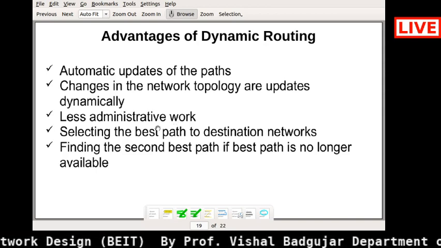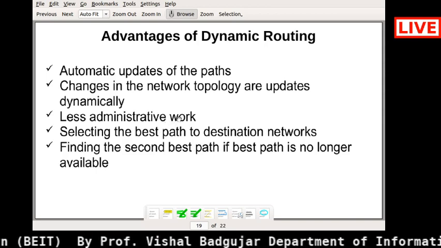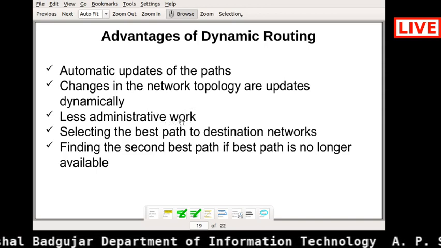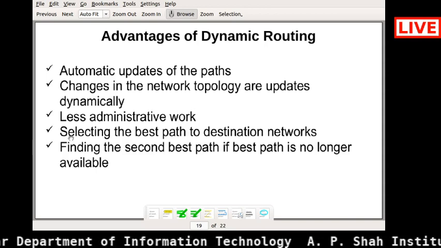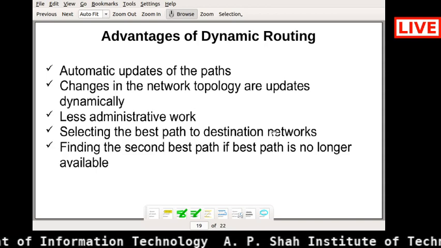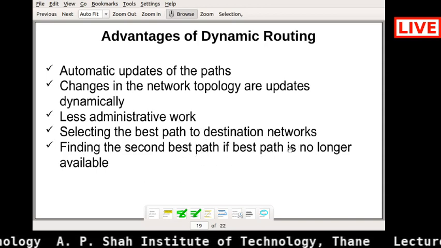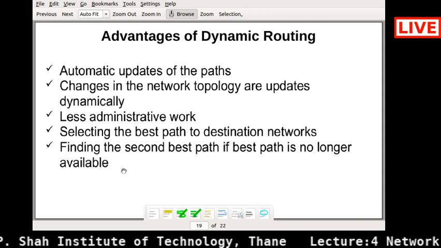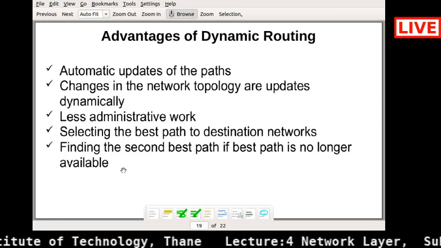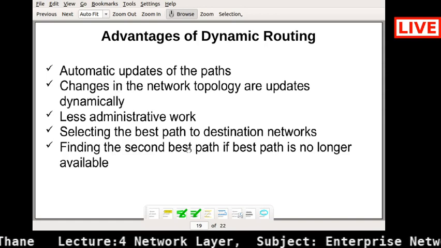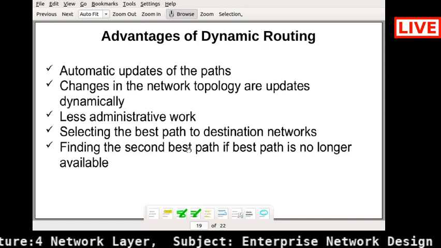In this there is no need for that. The packet can be automatically sent along the best path. Selecting the best path to the destination network we already discussed, and finding the second best path if the best path is no longer available, that is nothing but the alternative path we already discussed. So all these are nothing but the dynamic routing advantages, right?